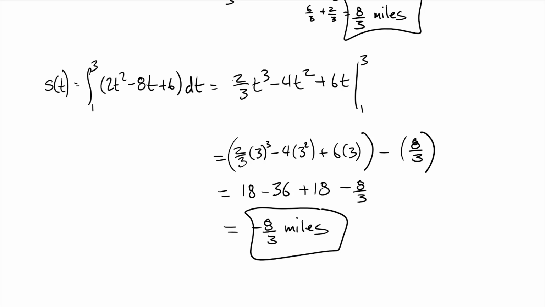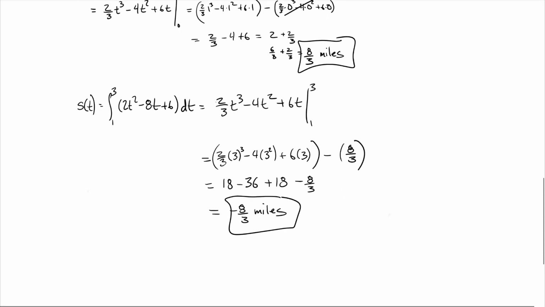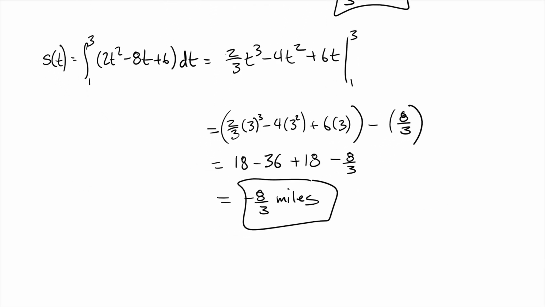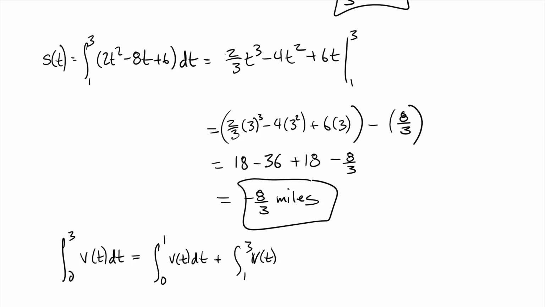And then when we go from 0 to 3 of our velocity function, sorry, I'm cheating at this point. I'm not going to write all that out. That's the same thing as from 0 to 1 of our velocity function, and then from 1 to 3 of our velocity function. And we already found those.